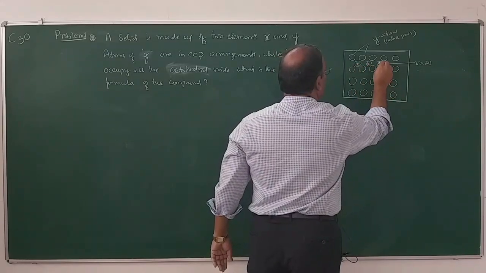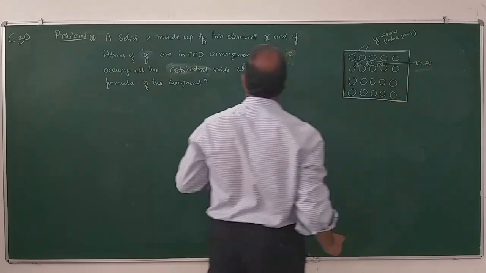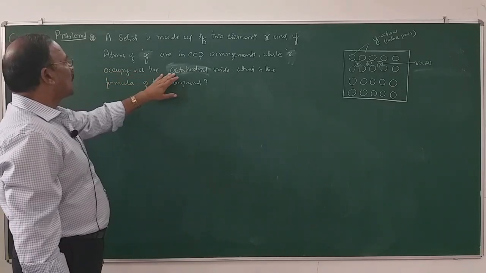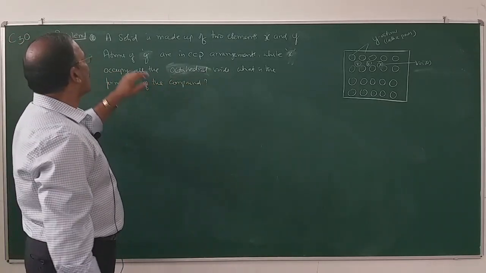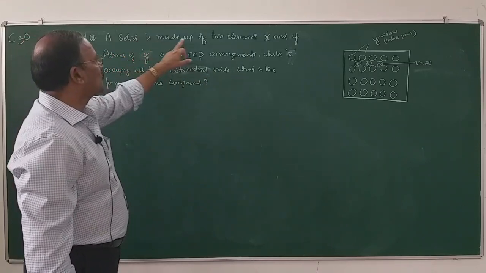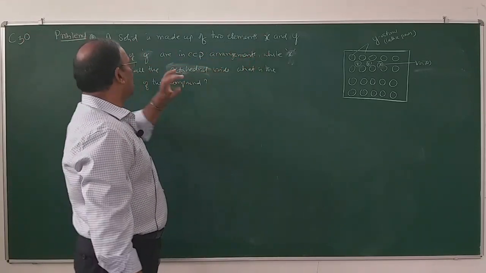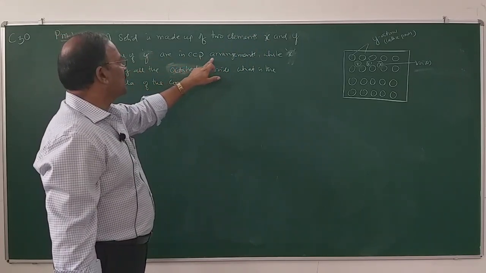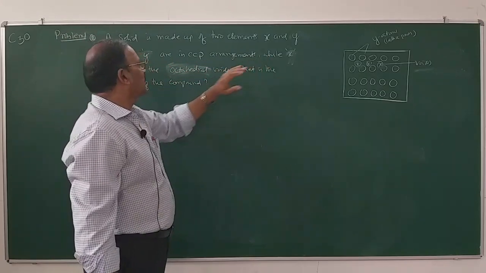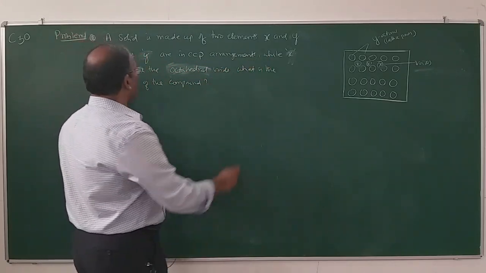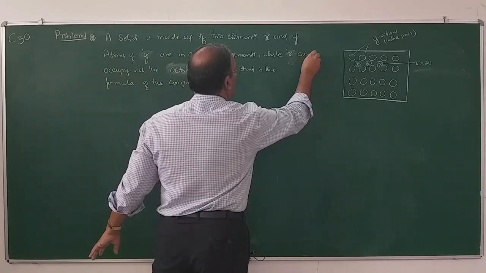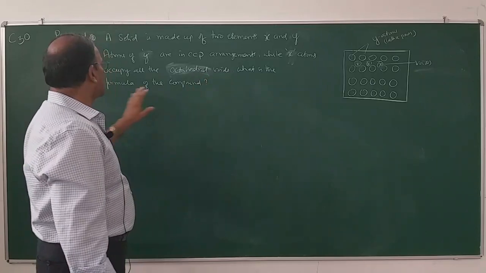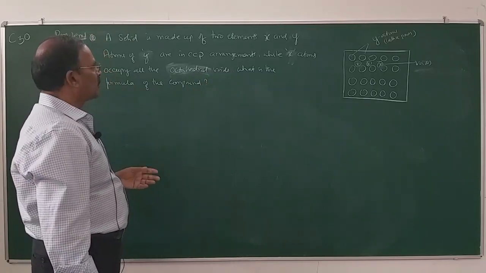X occupy all the octahedral voids. Atoms of Y are in CCP arrangement, while X atoms occupy all the octahedral voids. What is the formula of the compound?